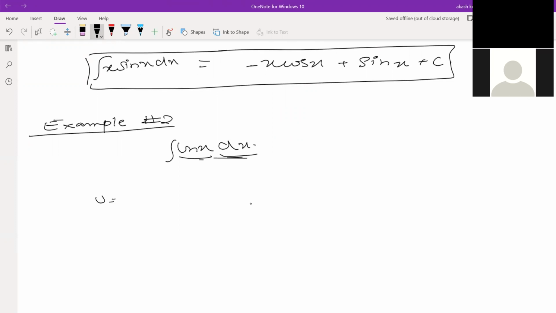So let's take f of x as ln x, and g dash of x is dx. Okay, because we don't have any other choice.